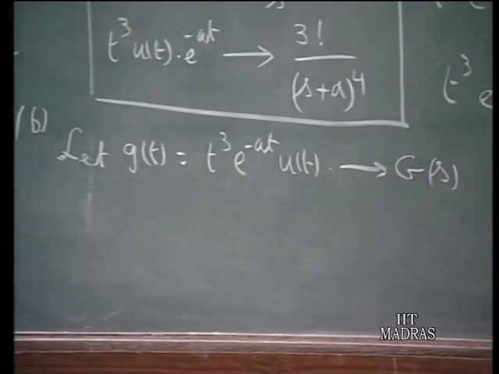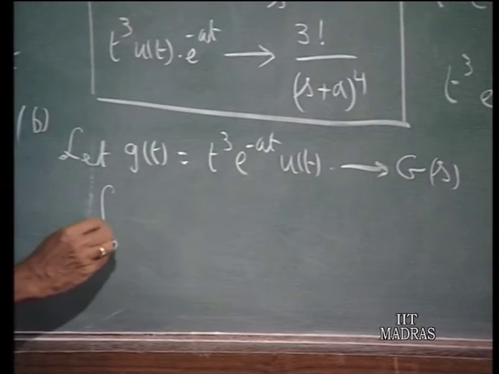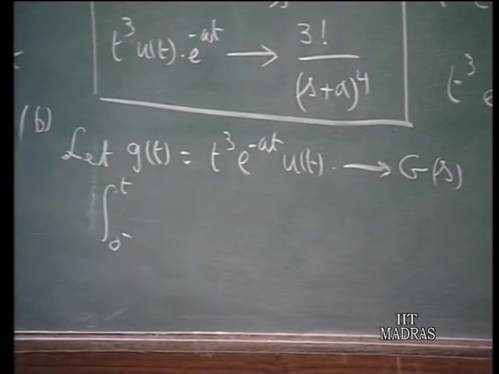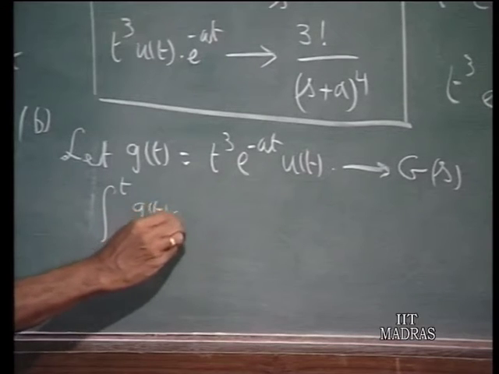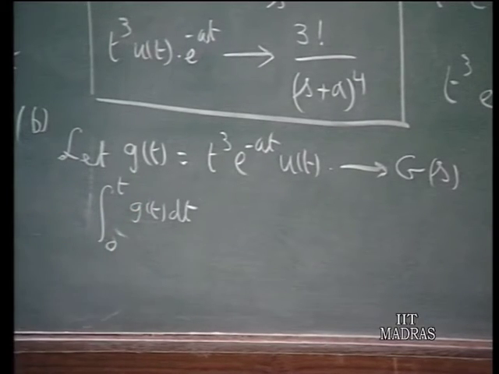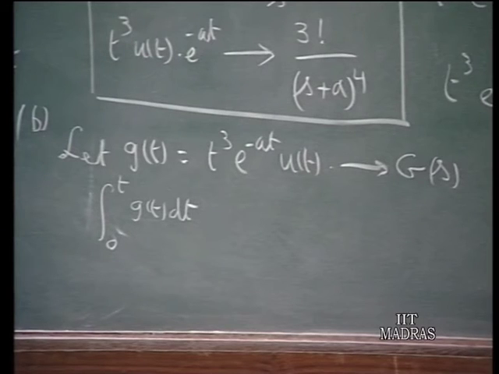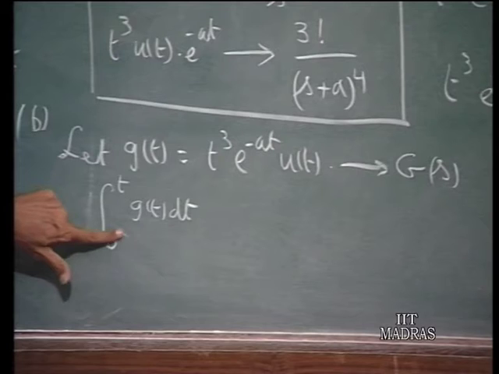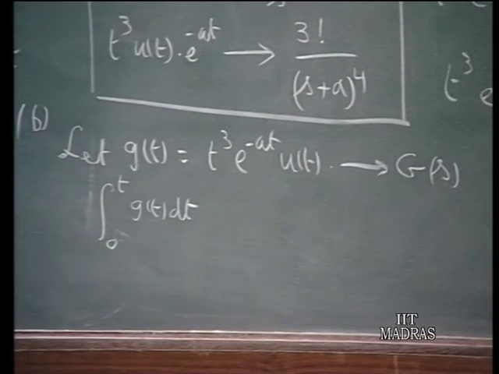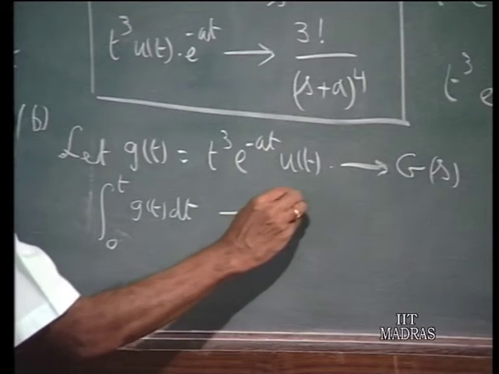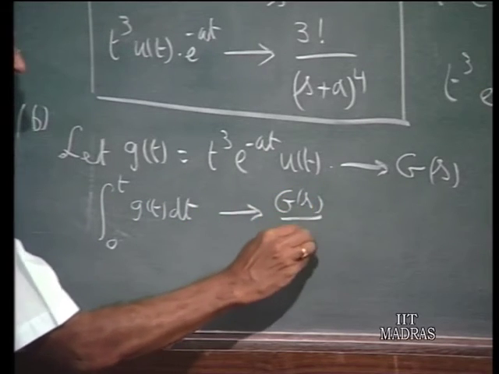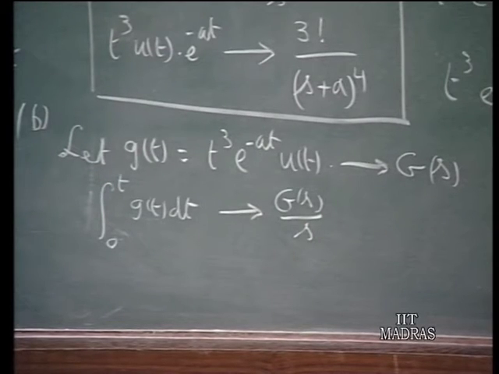Now, if I take the integral from 0 minus to t of g(t) dt, you can say 0 because the 0 plus value of g(t) is also going to be 0, therefore, whether you take 0 minus or 0 plus makes no difference. So, I simply write 0 to t of g(t) dt. This has the Laplace transform G(s) upon s, because the initial value of the integral is taken to be 0.